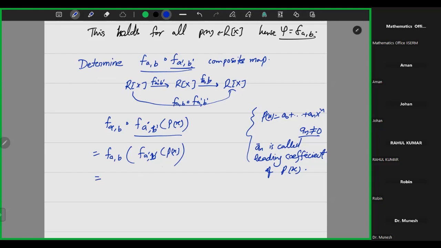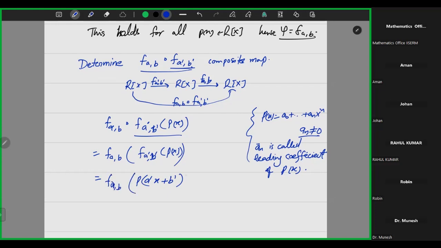So what is coming? This one becomes p(a'x plus b'), right? x is replaced by a'x plus b'. Now we want to apply f_ab on this polynomial.